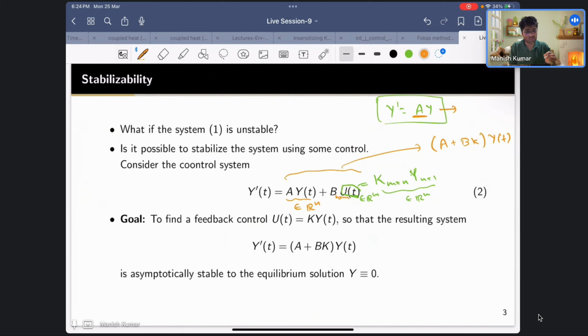So what we do is we try to find this K, in terms of control, so that this A plus BK has negative eigenvalues. If it happens, then the resulting system y prime equals (A plus BK) y would be stable, right? And how did it become stable? By adding control of this form.